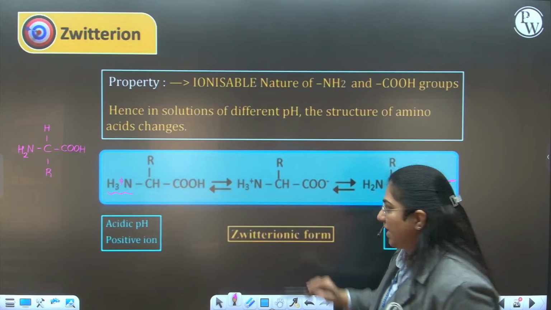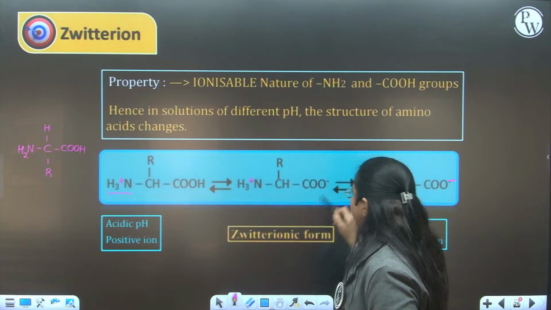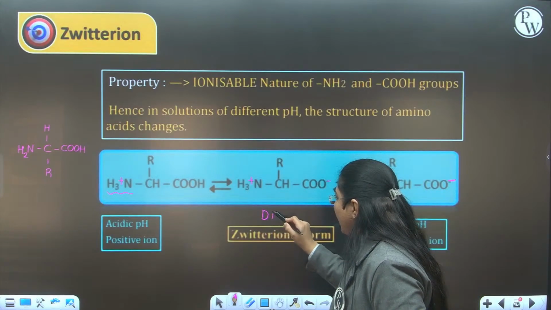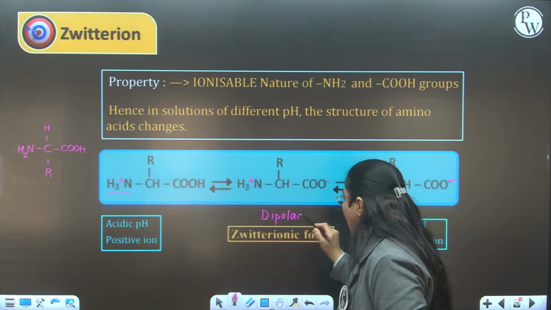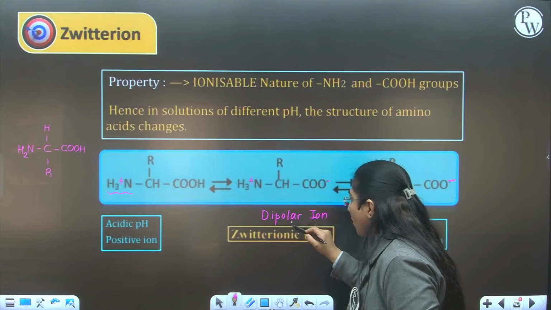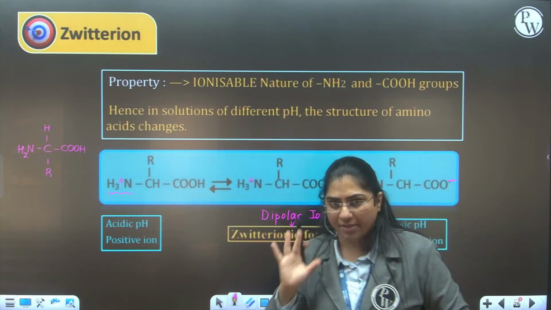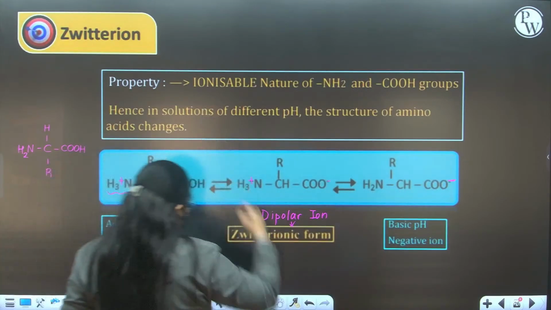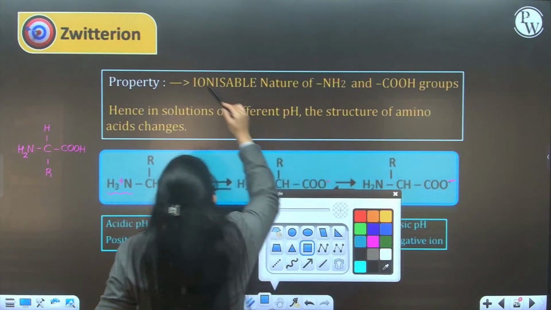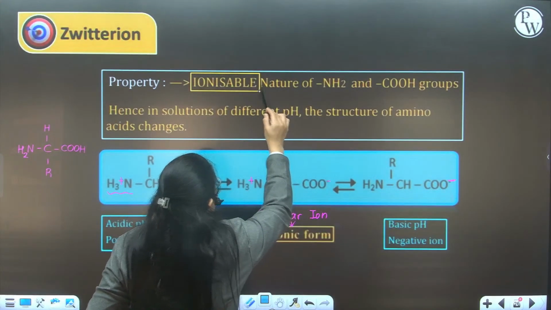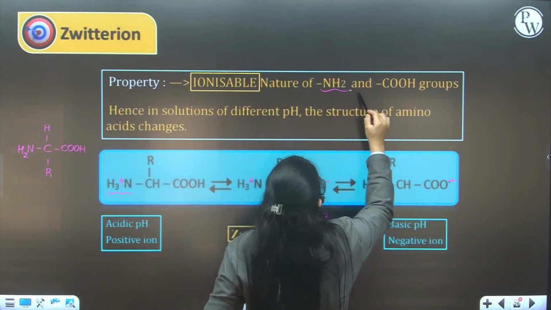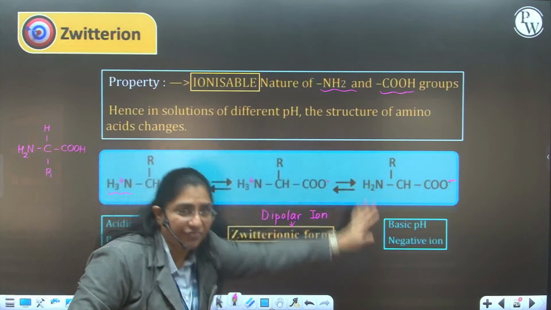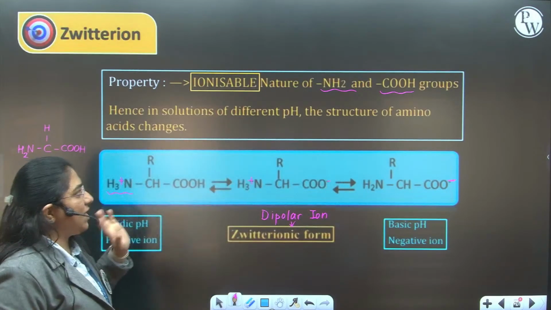So at this pH, the amino acid has a positive as well as a negative charge and is now behaving as a dipolar ion, or we also call it the zwitterion. Is that clear? It behaves as a zwitterion because of the ionizable nature of the NH2 and COOH groups, and hence in solutions of different pH the structure of the amino acid changes.